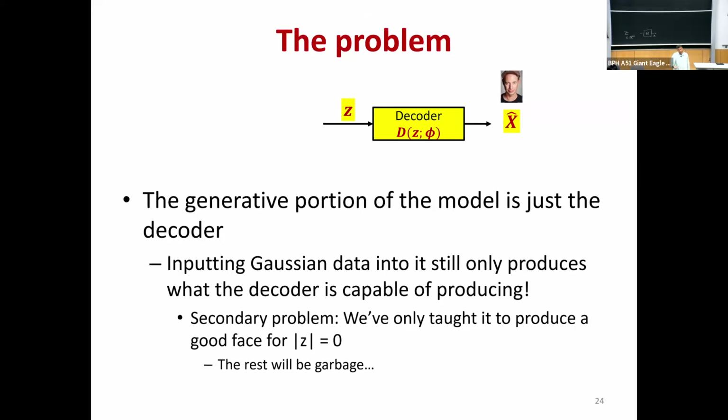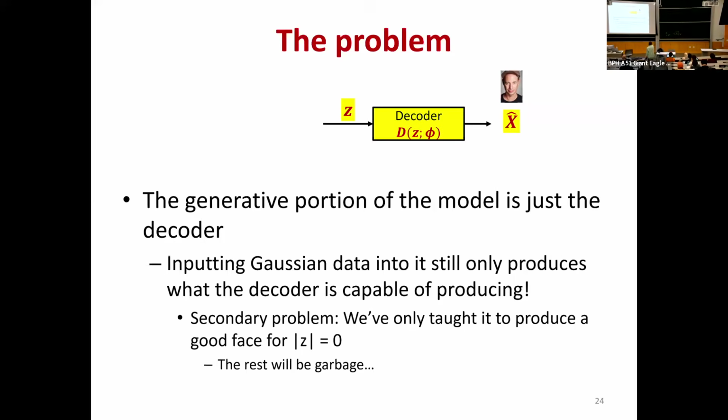And then subsequently, anytime I draw a Z from here and pass it through this guy, it's going to pick a point from the manifold of faces. And the problem we are left with is, how do I choose which Z? I know that it's going to be on the right surface, but I still need to be on the correct location on that surface. And everything is about trying to figure out how to pinpoint the Z's, right?